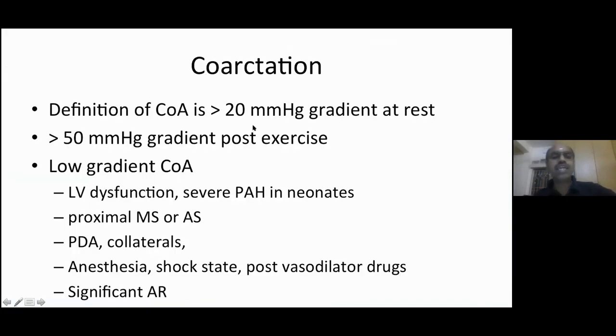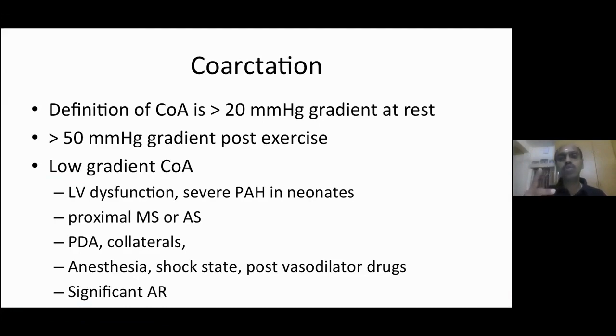Coarctation is defined as a gradient of more than 20 millimeters of mercury at rest. And if you provoke them with exercise, it is more than 50 millimeters of mercury. What happens with provocation with exercise? Two factors. Number one, the cardiac output increases. So when there is a higher amount of flow through the same stenotic orifice, the gradient increases.